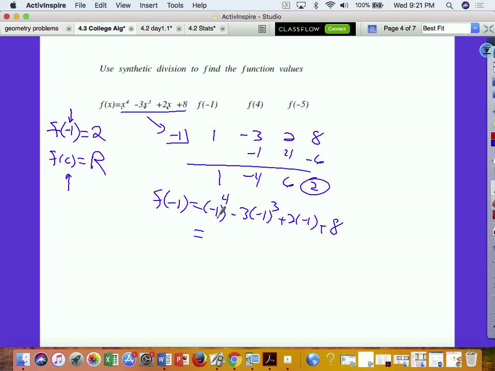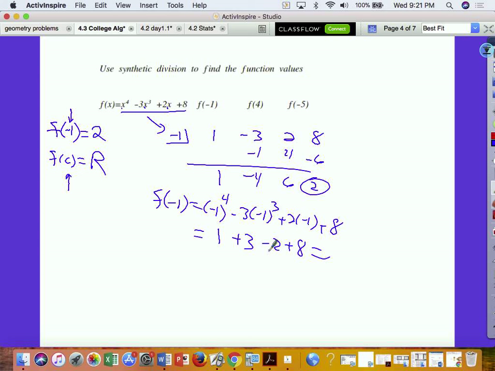A negative multiplied together an even number of times is positive 1. That'd be a negative times a negative is a positive. So this is 4. This is 4 minus 2 is 2.